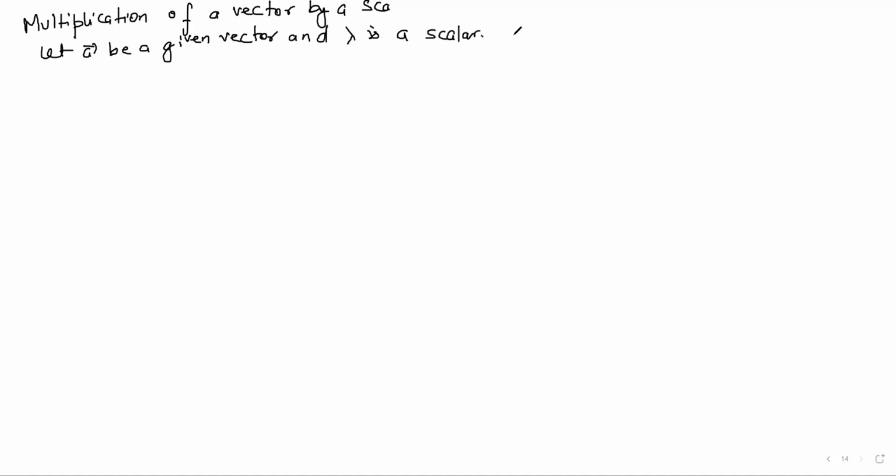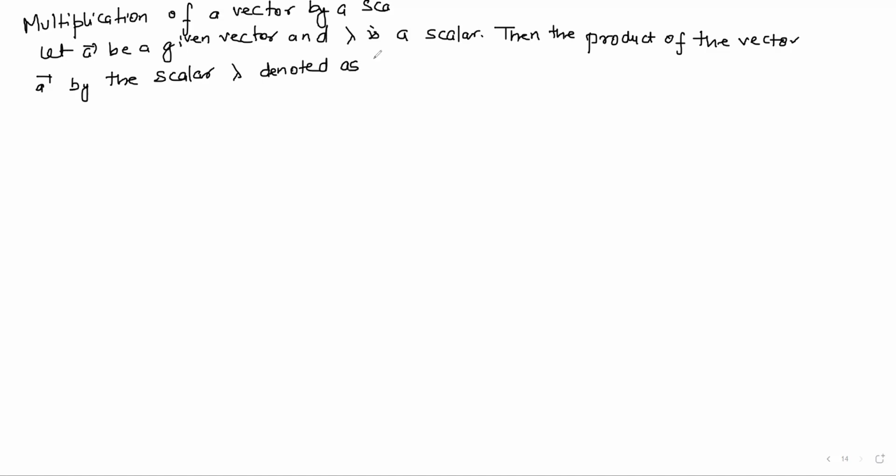Then the product of the vector A by the scalar lambda, denoted as lambda A, is called the multiplication of vector A by the scalar lambda.